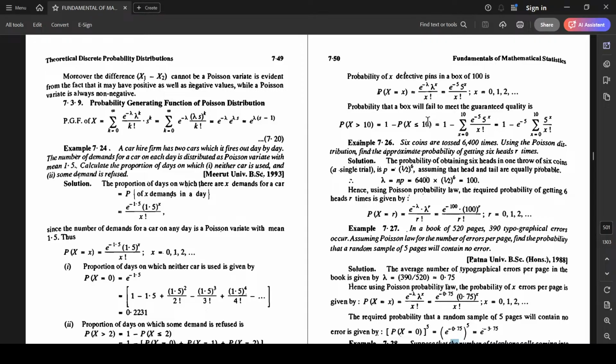Let's give it to ChatGPT then. Solve 5 to the power of x divided by x factorial for x from 0 to 10.